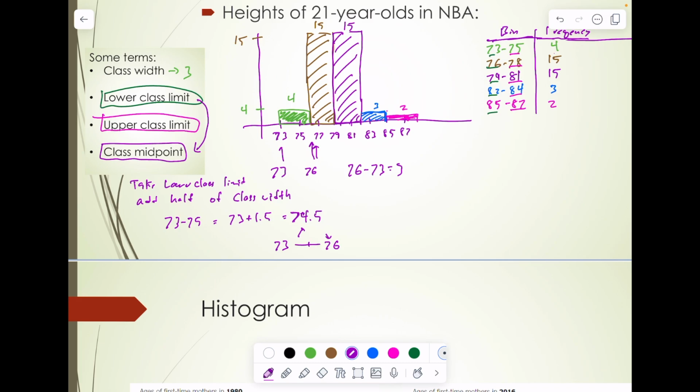And so that's my midpoint. So take the lower class limit and add half of the class width.